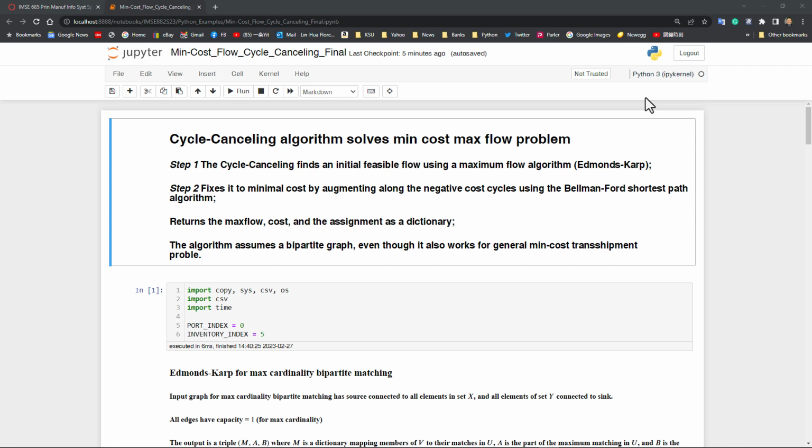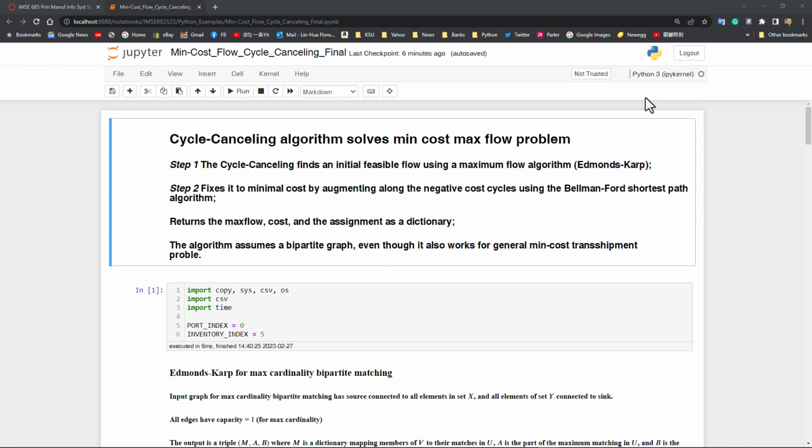It is not necessarily optimal, but it is primal feasible. Second, we fix the minimum cost by augmenting along the so-called negative cost cycle, using a shortest path algorithm such as the Bellman-Ford algorithm presented here.